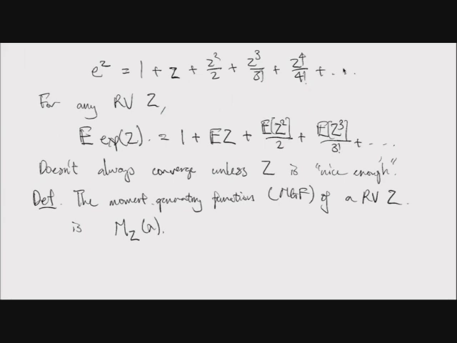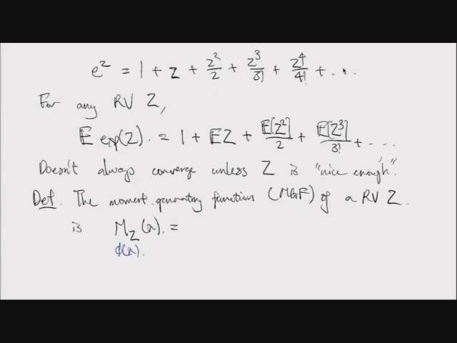So this is going to be a function of lambda. In this course, we're going to use this notation, M sub z, where z is the random variable in question. Sometimes people also like to use phi of lambda, which is also pretty common. If you see people use the moment generating function elsewhere, they might use other forms of notation.